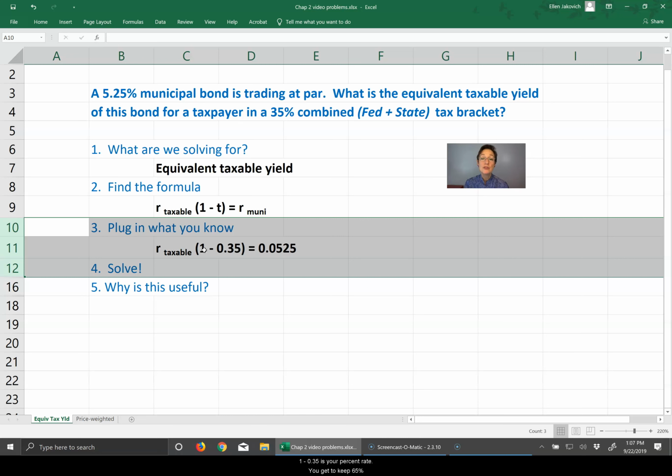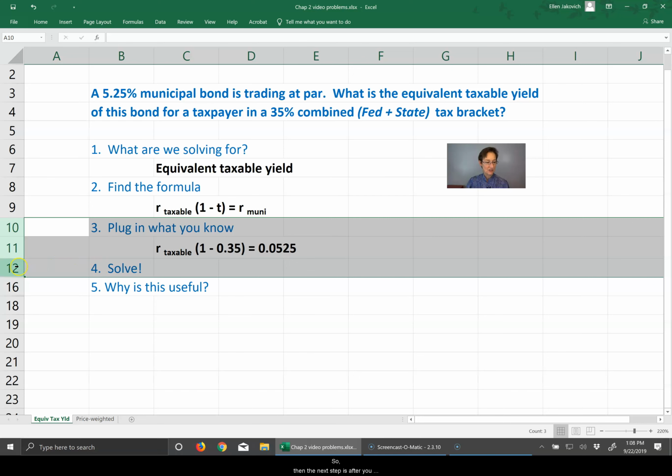You get to keep 65% of that income. So you're saying I get to keep 65% of what I'm going to get, the rate on this taxable bond. That's why it's 1 minus T and not just times your tax rate. If you were solving for how much you were going to pay to the government, you'd multiply times the tax burden. But you're trying to find out how much of this do I get to keep, and you keep 65%.